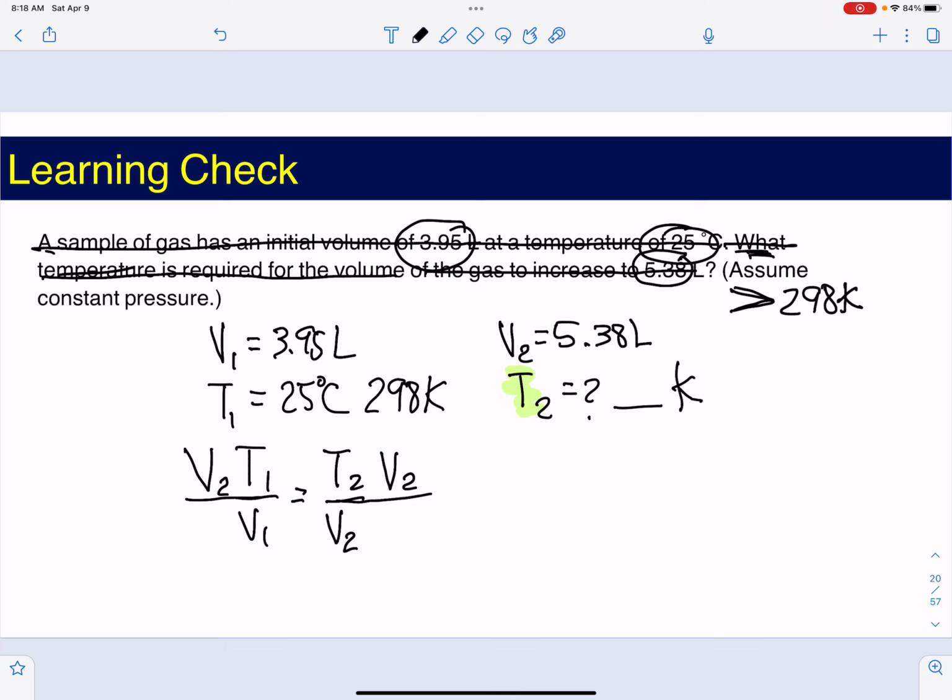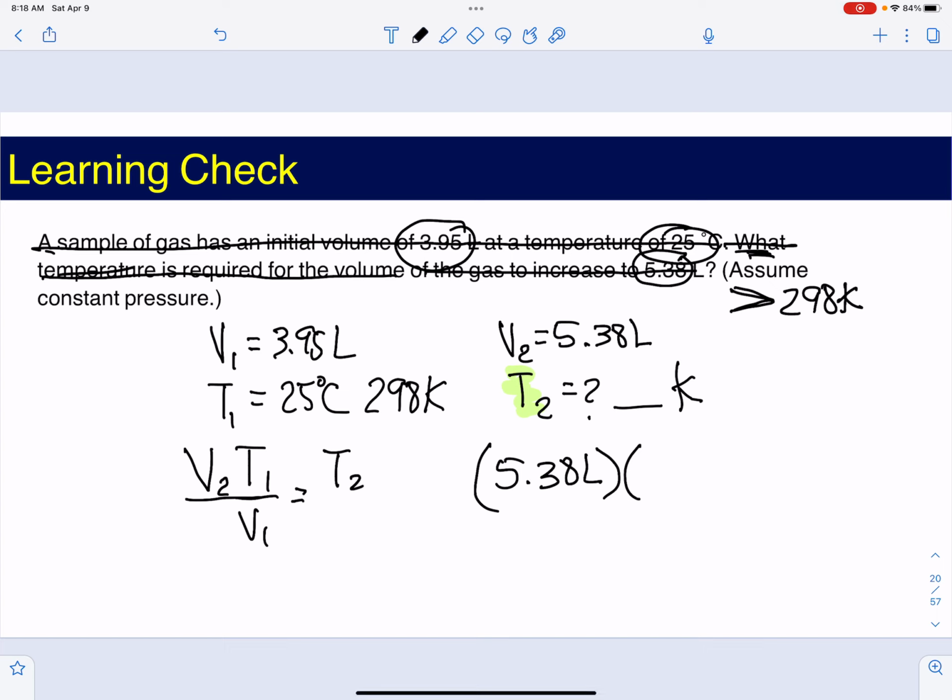That means this cancels, which means it's going to disappear. So I don't think I did that wrong. So it's got to be that I put the numbers wrong. So V2 is 5.38. Yeah, I believe I put my volumes backwards.